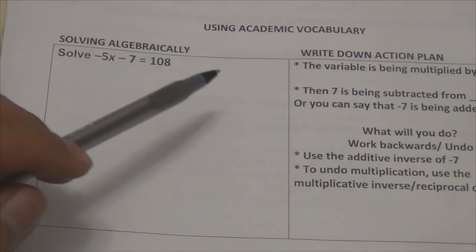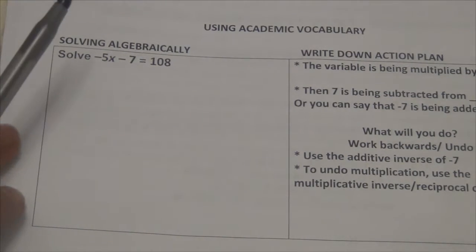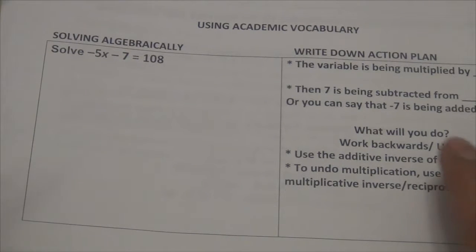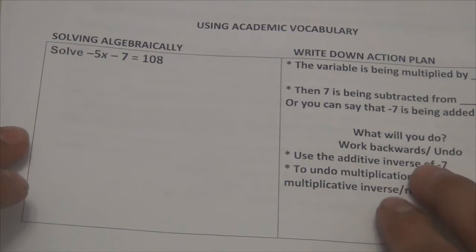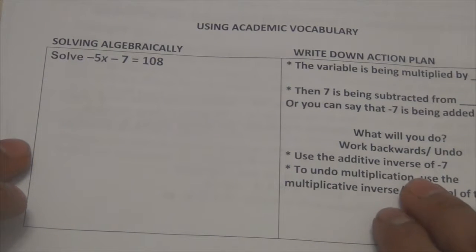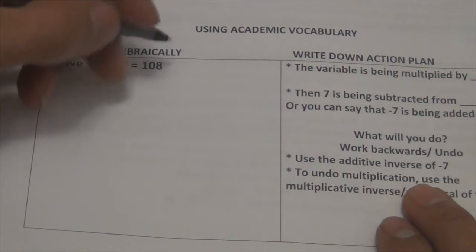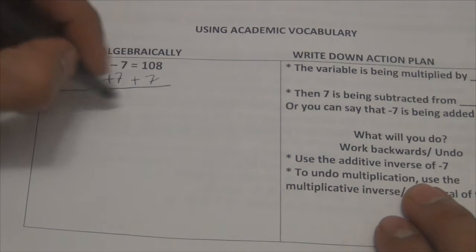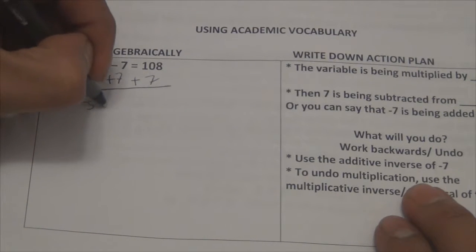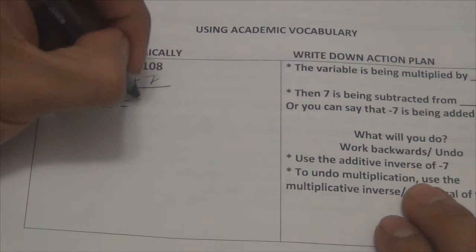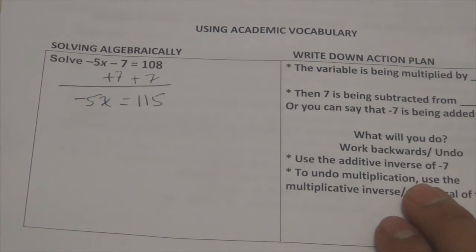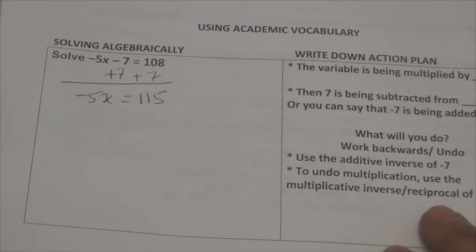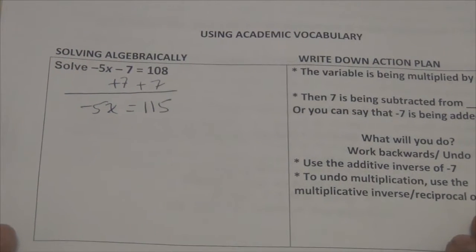All right, so now let's see how you do this. Here we are going to use academic vocabulary. It is the same thing, but now what will I do? Well, use the additive inverse of negative 7. And then it says use the multiplicative inverse, the reciprocal of the number multiplying the variable.